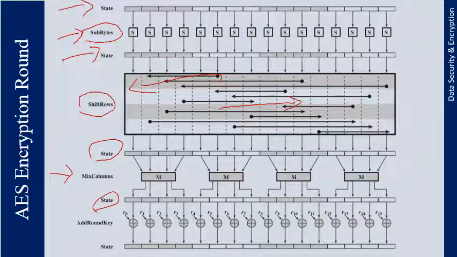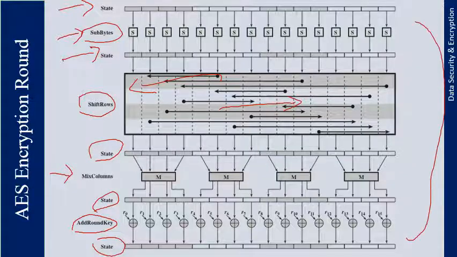Finally you add the round key from the expanded round key to get the final state of each round. And after each round the steps are repeated in a similar order.